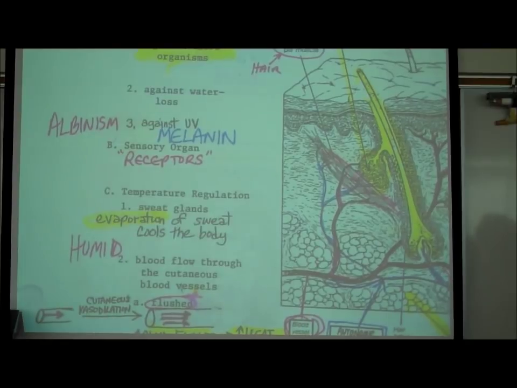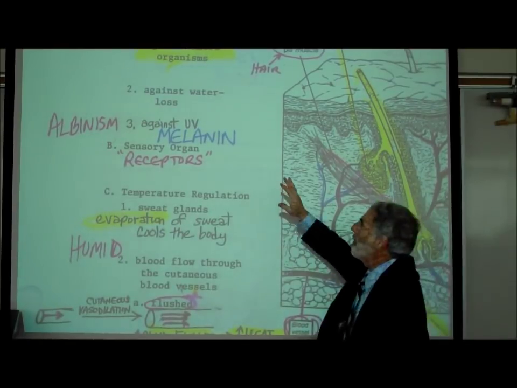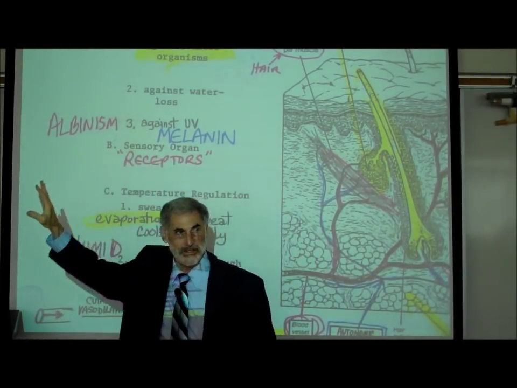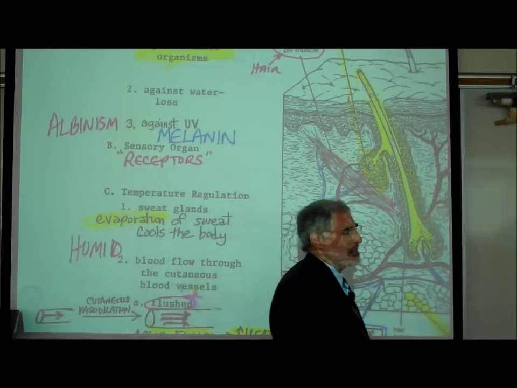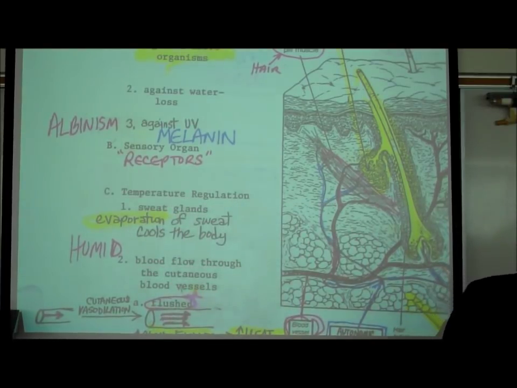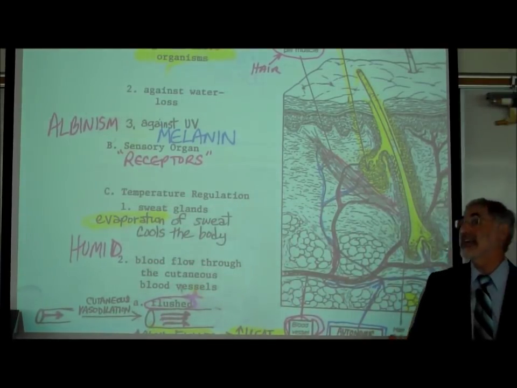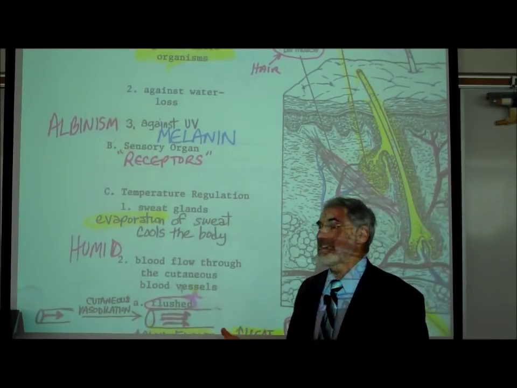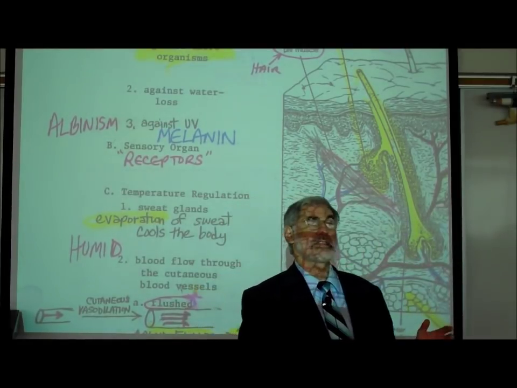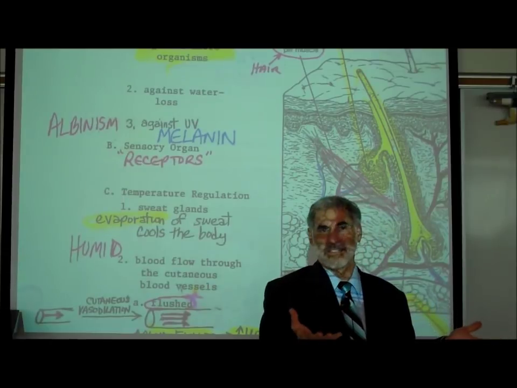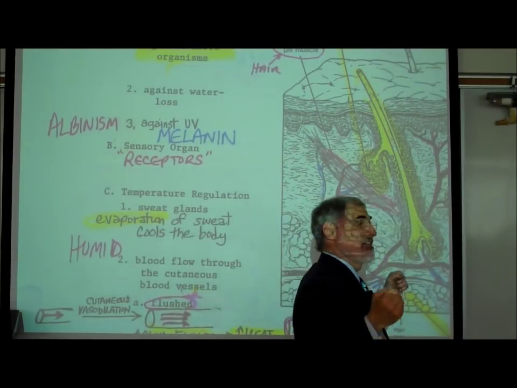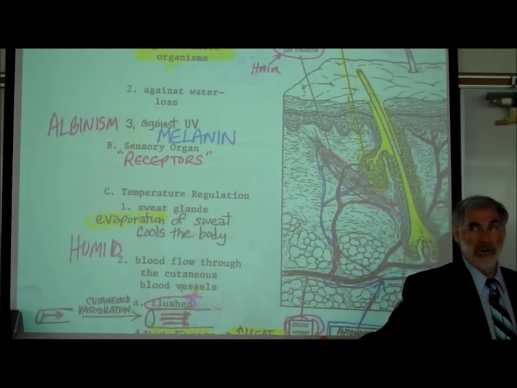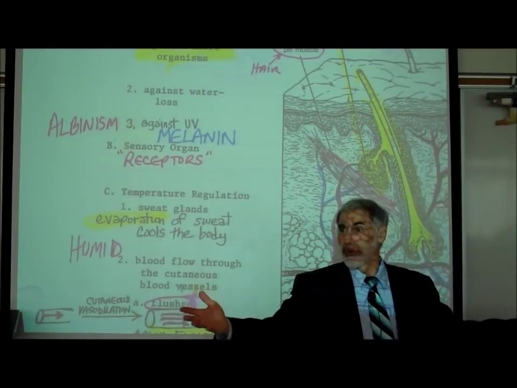Our skin also protects us against harmful ultraviolet rays from the sun. Ultraviolet rays are a type of radiation. And radiation, including ultraviolet rays, can damage skin cells in a couple of ways. They can burn your skin. Many of us have had a sunburn.